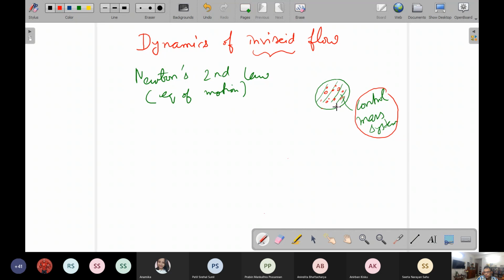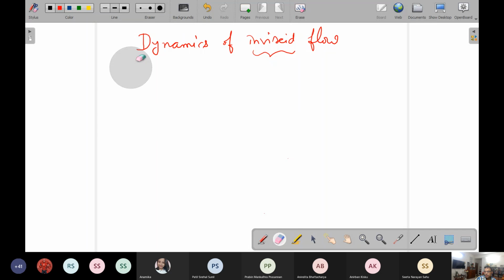So whether it is easy or not to identify, we will still consider a control mass element in the fluid, and we will consider a special type of geometry so that the coordinate system based calculation is straightforward. So what we will consider is a rectangular fluid element.